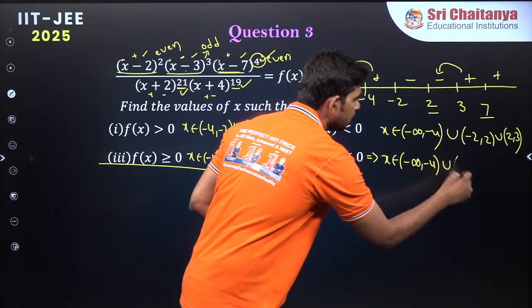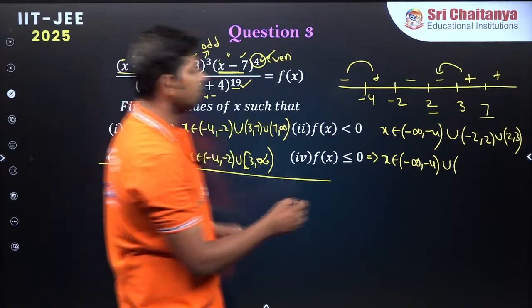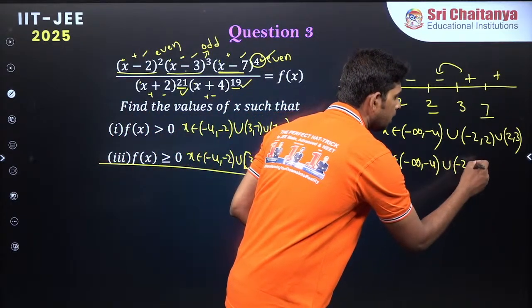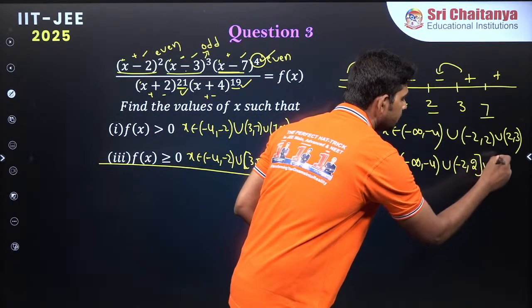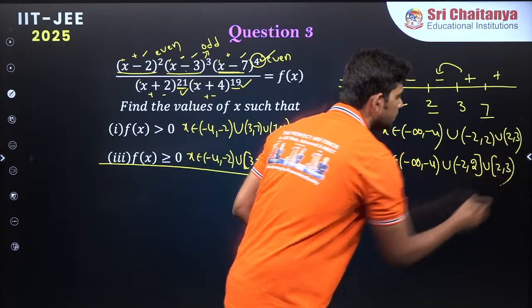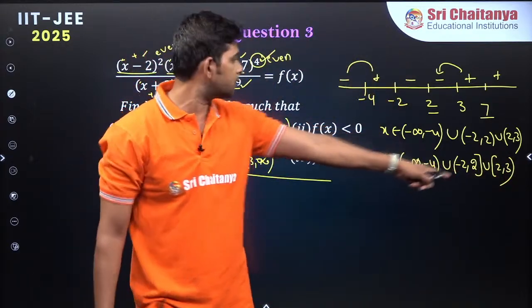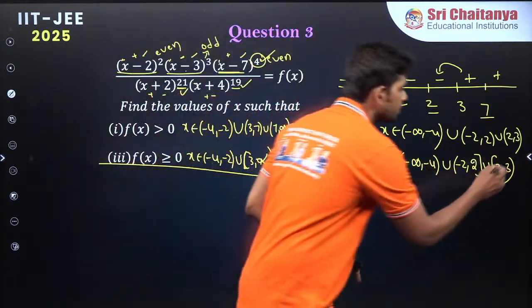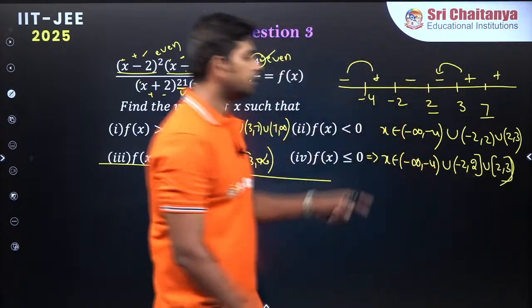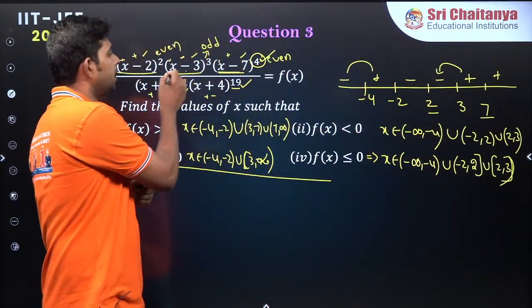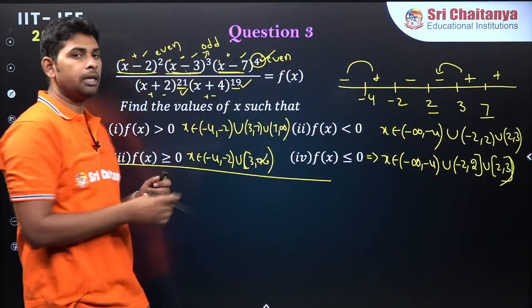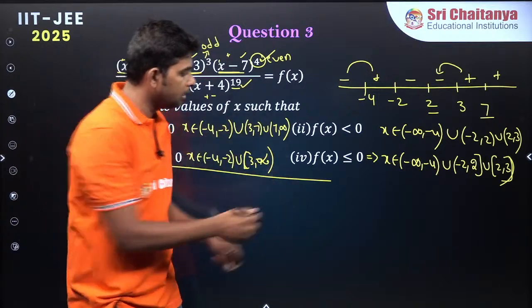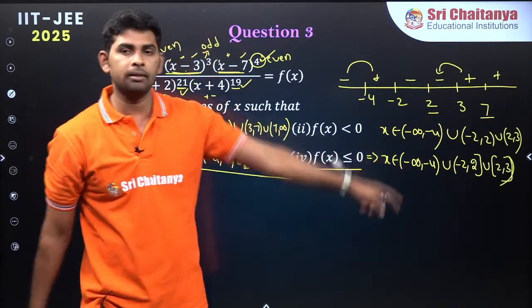So at minus 2 it is not 0, it is in the denominator, so I am not including it, but 2 you can include, union 2 to 3. So 2 is included in this case. I think 3 is also included, so we are going to write 3 also, because it is in the numerator here. You can substitute 3 here, it gives us 0, which satisfies the inequality. That is why I am taking 3 also.